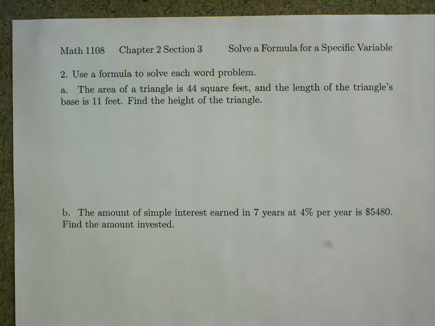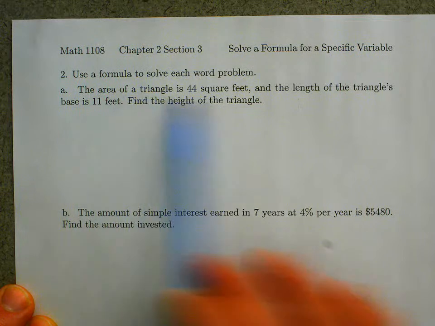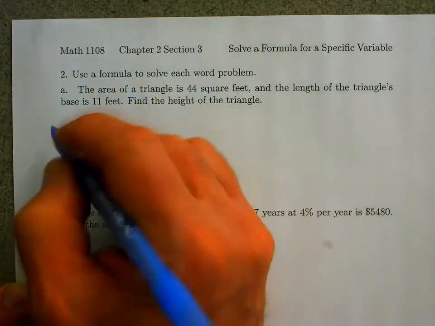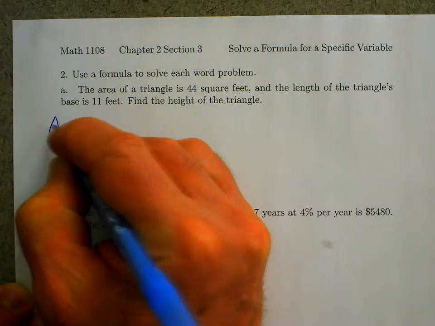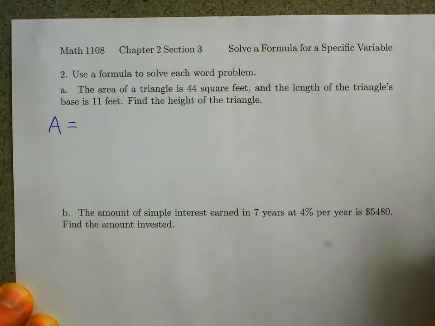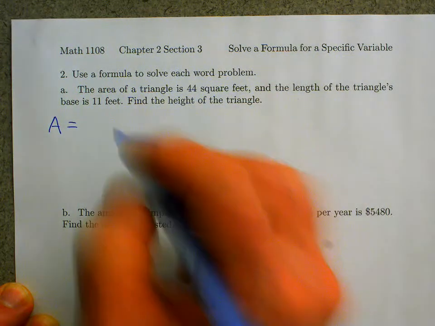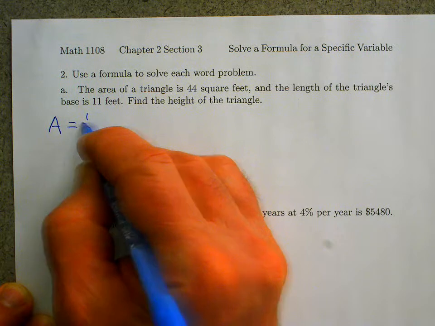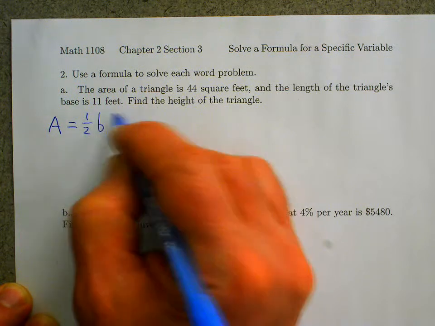So we have to identify what formula we're going to use. So the first thing we can do, since it's the area of a triangle, let's write down the area formula for a triangle. The area of a triangle is 1/2 times the base times the height.